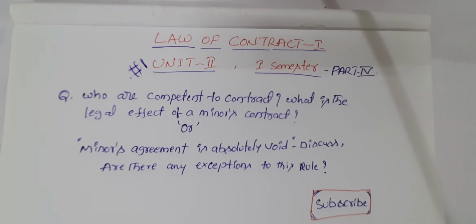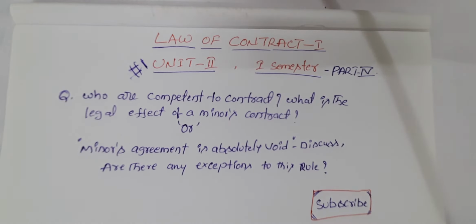A duly executed transfer by way of sale or mortgage in favor of a minor who has paid the consideration is valid. On behalf of the minor, his natural guardian, father or mother, or any other de jure guardian can enter into a contract to purchase any property in the name of the minor. In a similar way, a mortgage agreement may be concluded for the benefit of the minor.